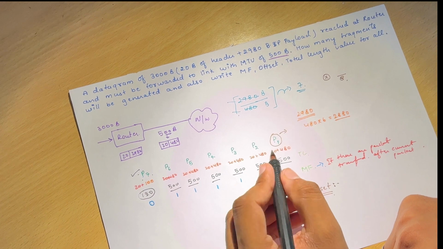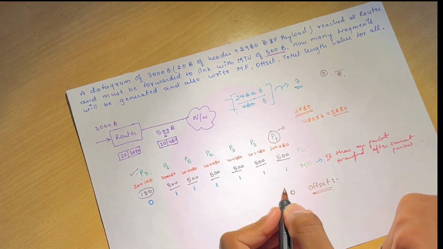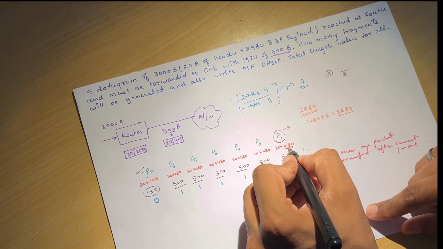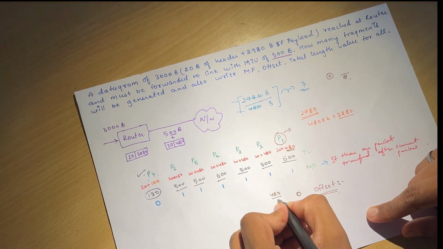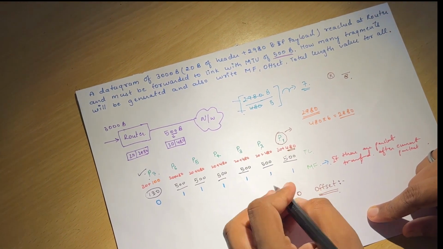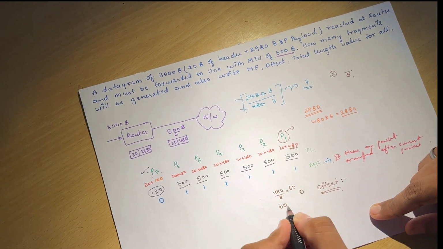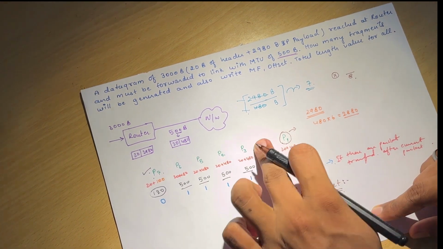Here, before P1 nothing was transferred, so offset will be 0. Before P2, P1 was transferred, so the actual data transferred through P1 was 480, so 480 divided by 8 will come to 60. So for P2 offset will be 60. This means that 60 into 8 byte of data were transferred before P2.